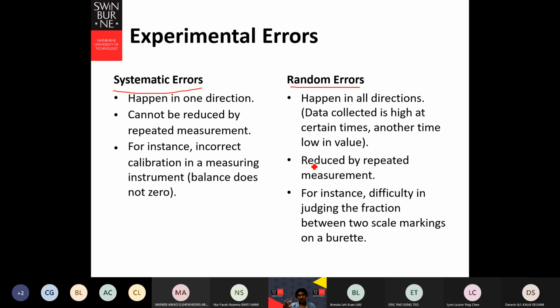If voltage fluctuation happens, or temperature or pressure goes up and down during the lab, we cannot actually control this. So random error can occur sometimes. But systematic error, we should always avoid by doing the calibration.